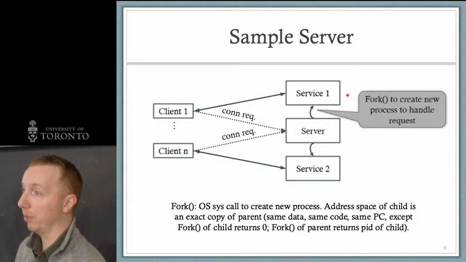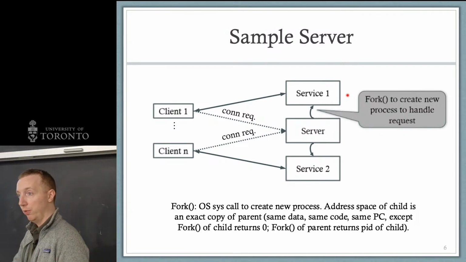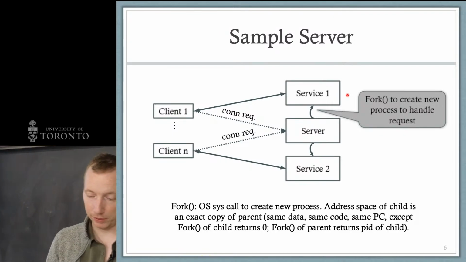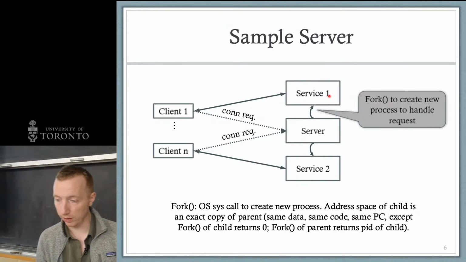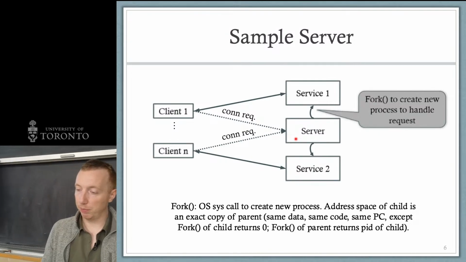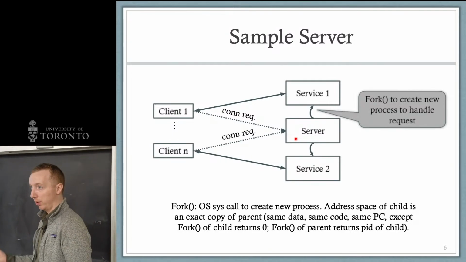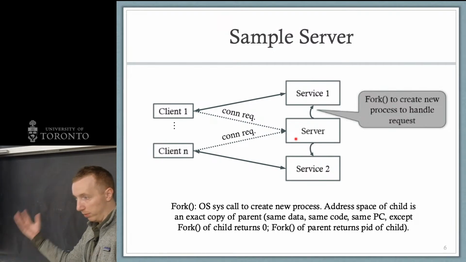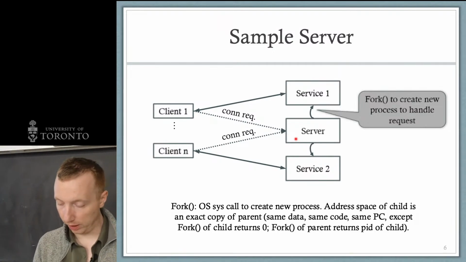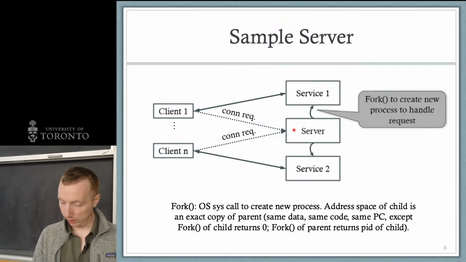Remember, that's the only way to create a new process. You fork, you create an exact copy of yourself, and then pass that to independent processes. So the server could be blocking on a connection request. Whenever it accepts a connection, it can fork. Then one of the new processes just deals with that connection, and that's it.